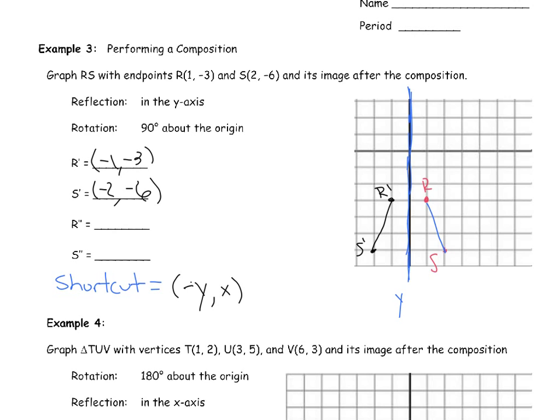So in doing that, we end up with negative 1 there, and that becomes positive.